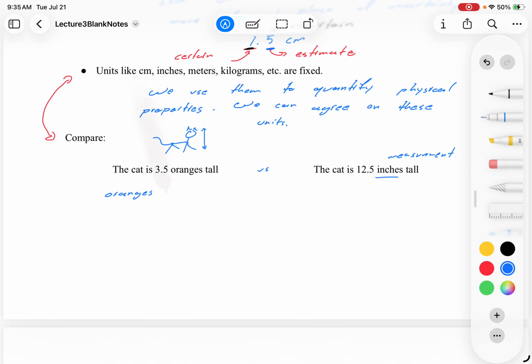Oranges vary in size, right? You can have an orange like this that looks like a cookie, but it's an orange. You can have an orange like that. Oranges vary in size. They're not fixed, right? So this is not a measurement.